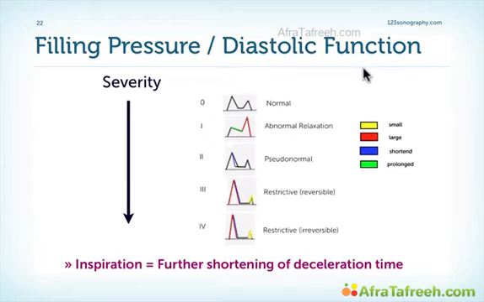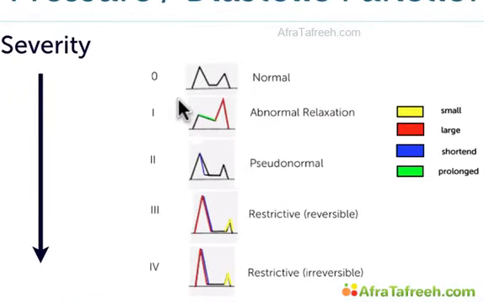Because diastolic dysfunction is so important in patients with restrictive cardiomyopathy, just a short review on how we grade the different severities. In patients with restrictive cardiomyopathy at the beginning of the disease process, you might only find mild forms of diastolic dysfunction, such as abnormal relaxation. But as the disease progresses and left ventricular filling pressures rise, we have more severe forms, such as restrictive filling patterns.